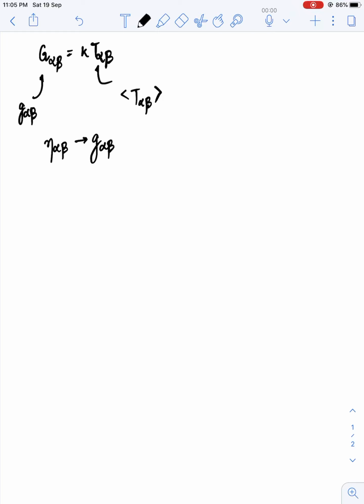Because of this we get a process of particle creation at later times because of indeterminacy, because we can't split the quantum fields into positive frequency and negative frequency with respect to the time-like Killing vector.